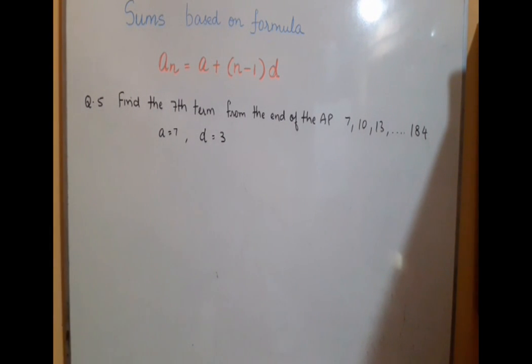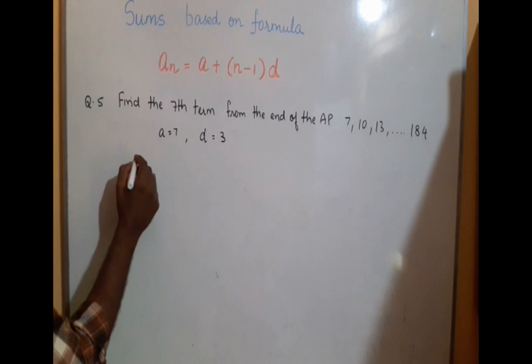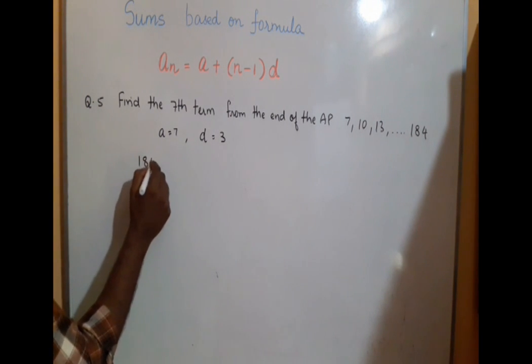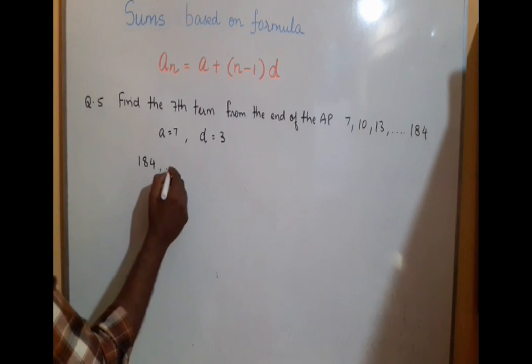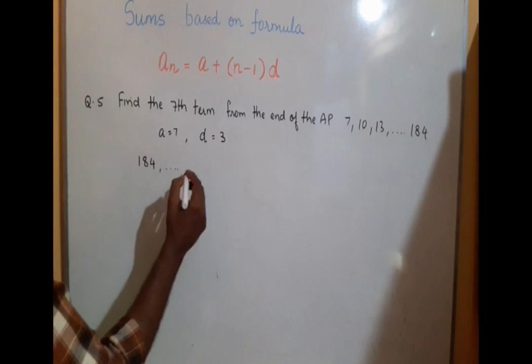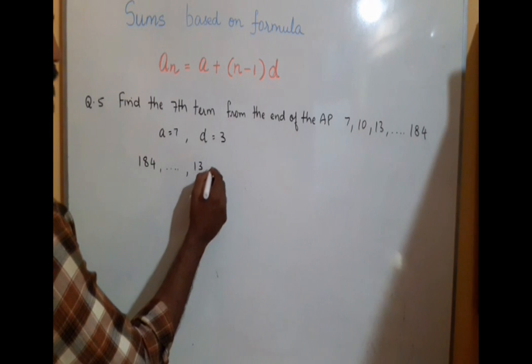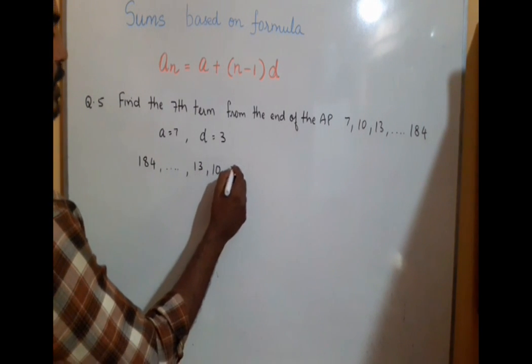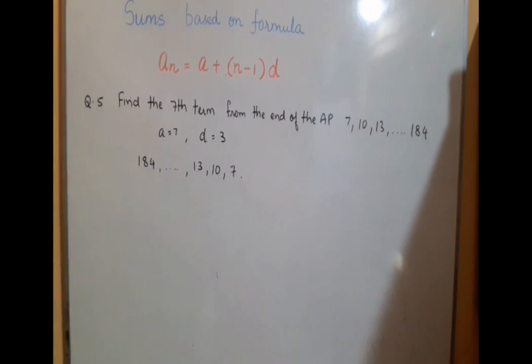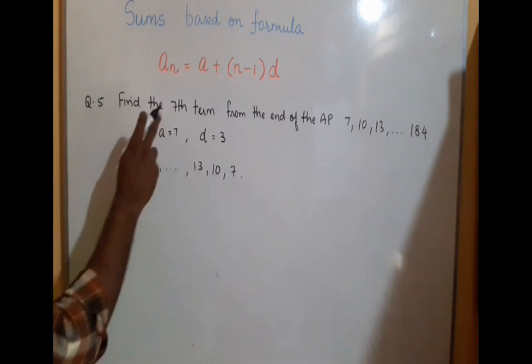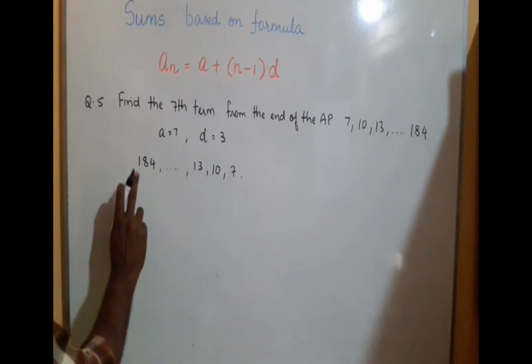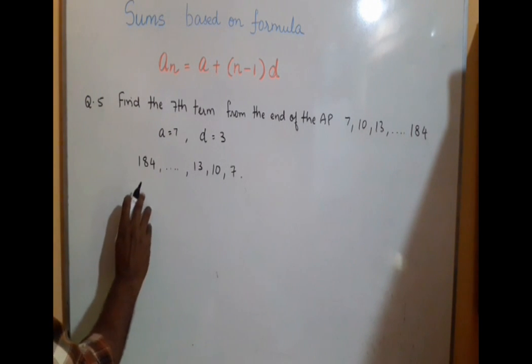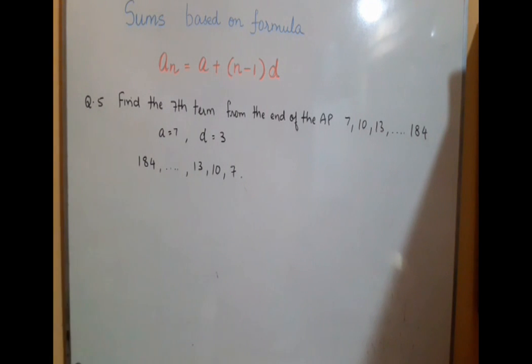We can write this AP in reverse, where 184 becomes the first term, then we have the succeeding terms which end with 13, 10 and 7. Now finding the 7th term from the end is finding the 7th term from the front of the reverse sequence.